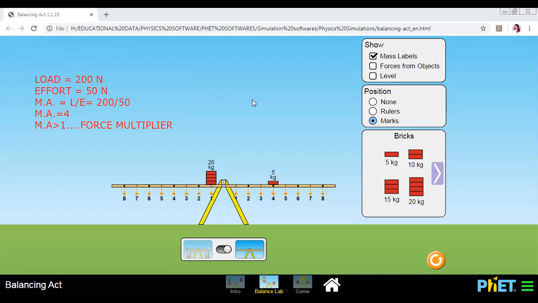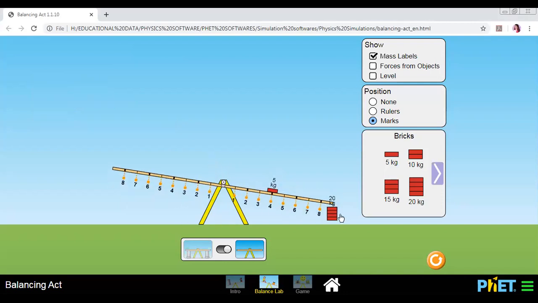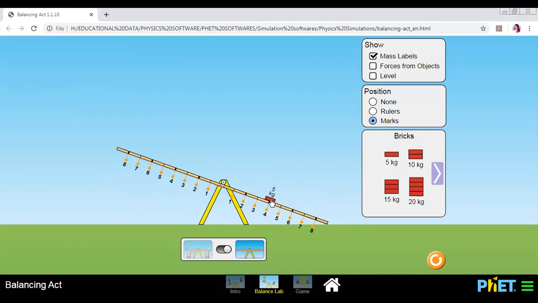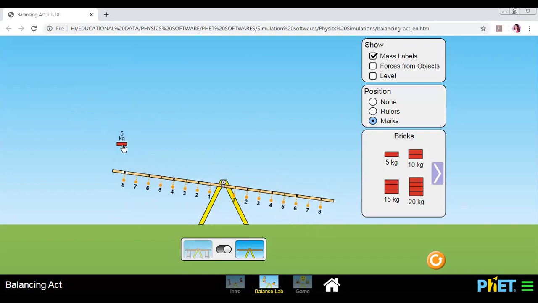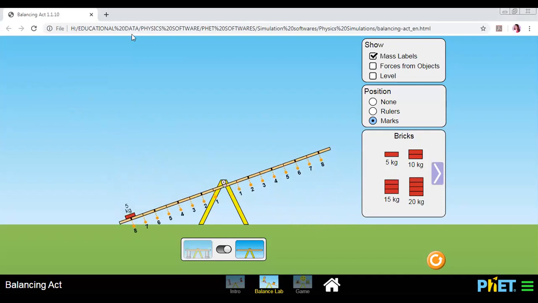So understand, when you want to know which type of machine it is, you just find out the MA, and if your answer for the MA comes out to be more than 1, then your machine is a force multiplier. Okay. Now let's reverse the condition. Now how much is my load?